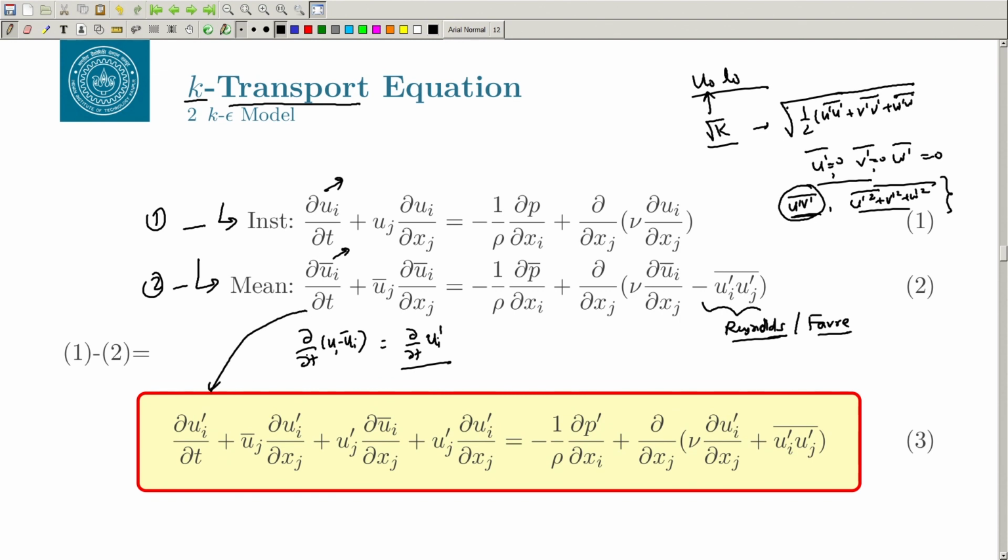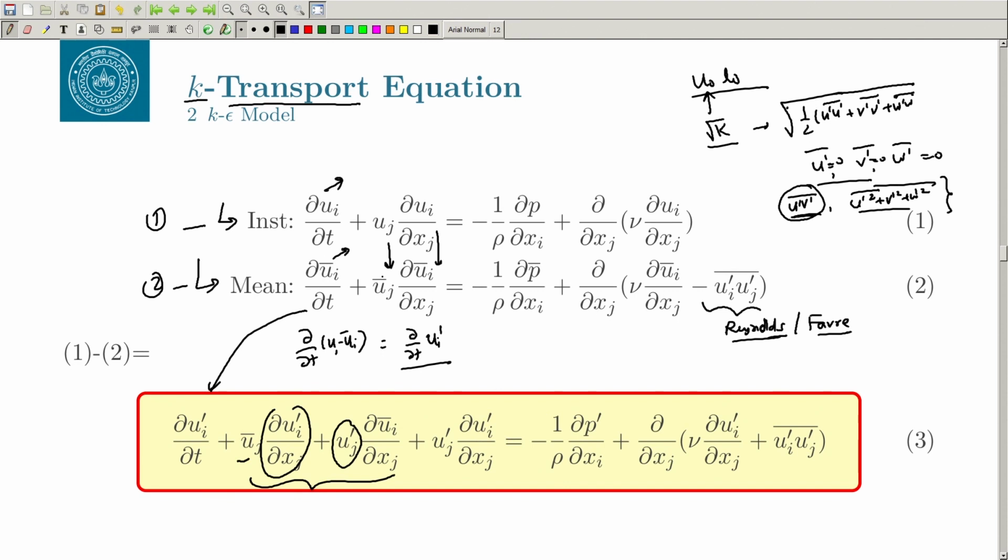In the second term, because this is a quadratic quantity, you will get two quantities: the mean multiplying the derivative of the fluctuation, and the fluctuation multiplying the derivative of the mean. These are the two quantities you get when you subtract this term from this term, the convective term.